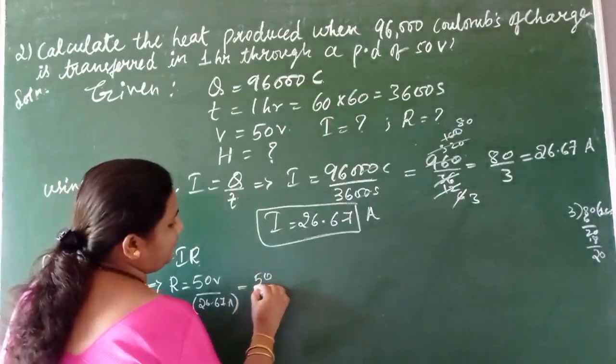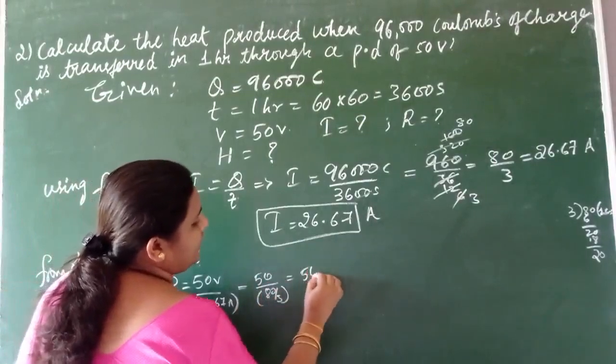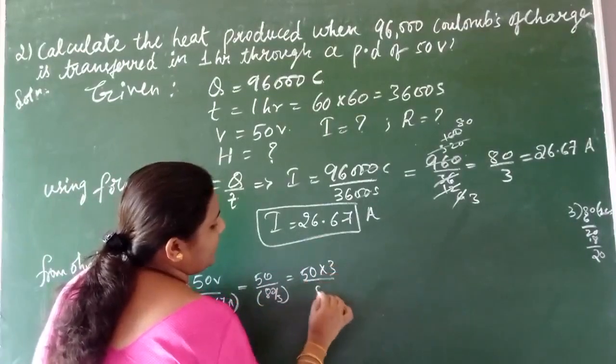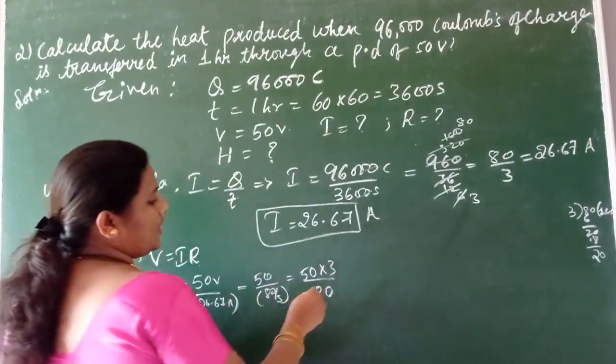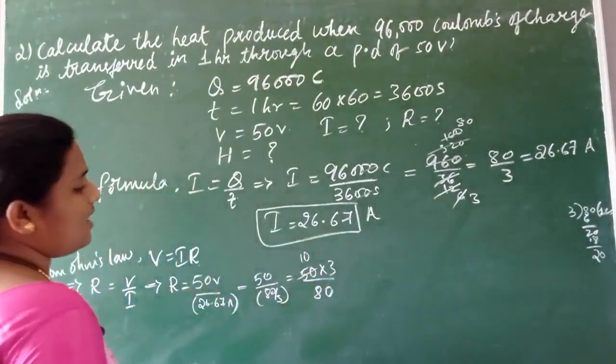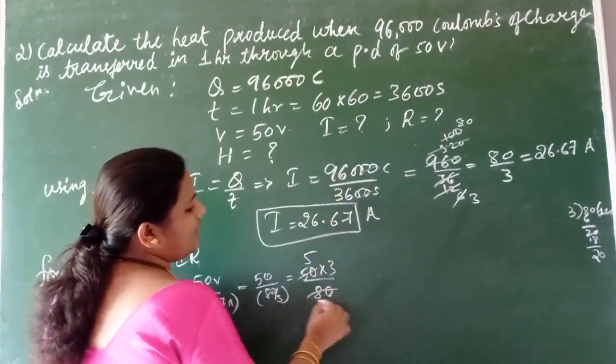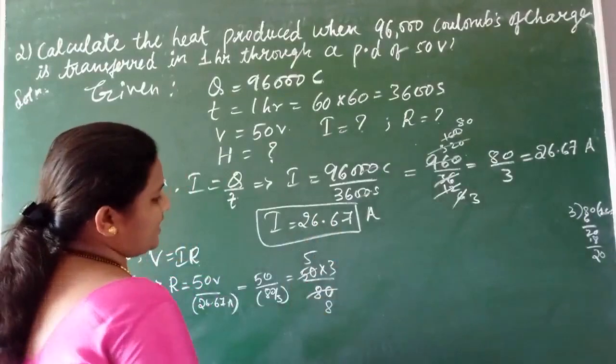50 divided by 80 by 3 is equals to 50 into 3 divided by 80, children. So here 5 tens are, or else you can go directly by the 10 table: 10 fives are, 10 eights are, isn't it, children?